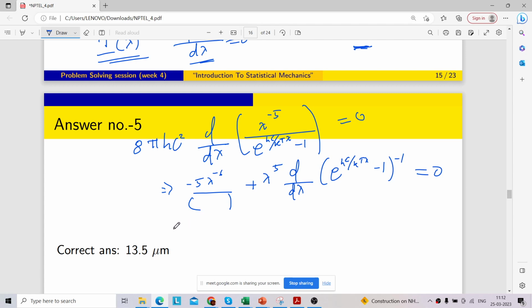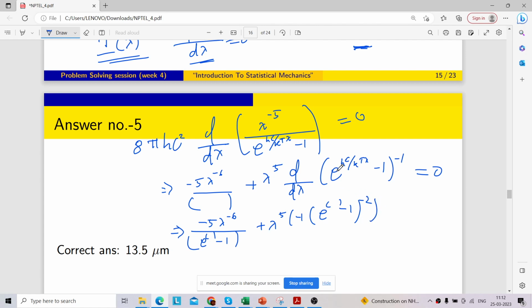So I have minus 5 lambda to the power minus 6, and in the denominator this term e to the power hc over kT lambda minus 1. Then I have lambda to the power 5, then doing this derivative, applying the chain rule, minus 1 times e to the power this term minus 1 to the power minus 2.